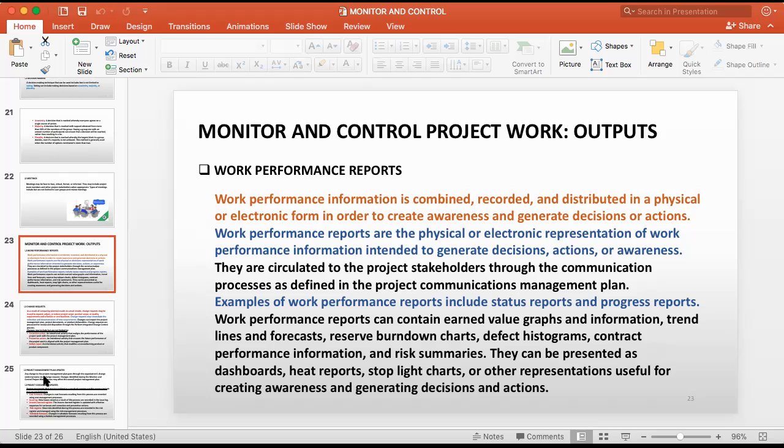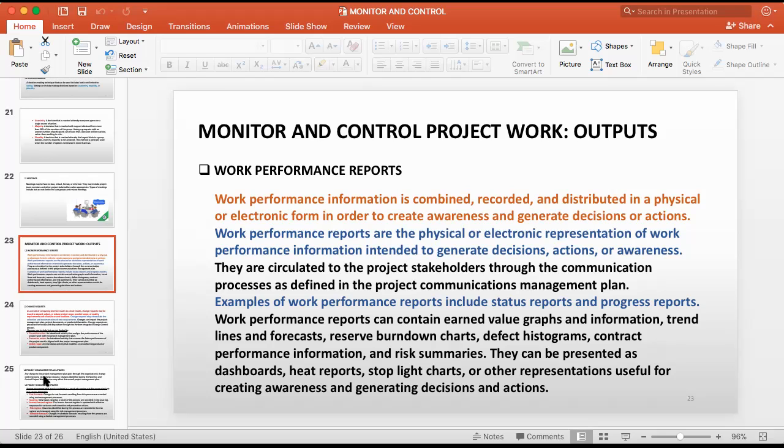Based on the performance reports, you will forecast certain things. Your stakeholders, your clients, can do many evaluations out of the progress reports. You get last month's progress report and this month's progress report, and you can compare those two, whether you have achieved certain things. Then there are the donor organizations.